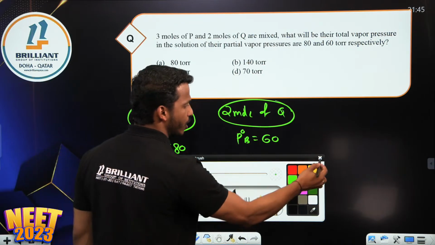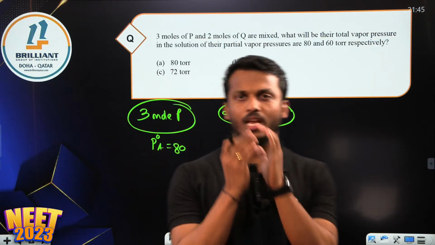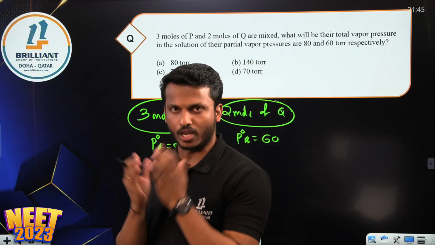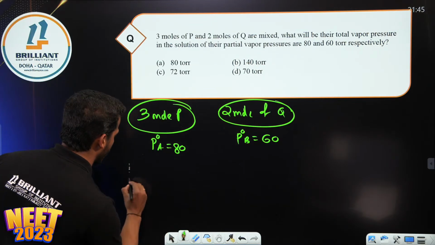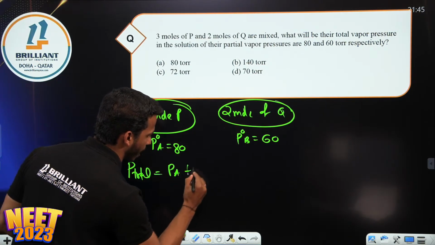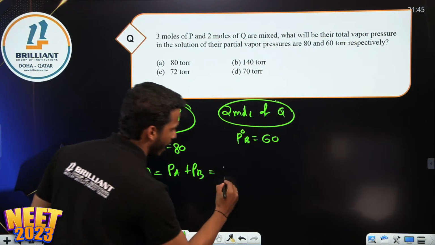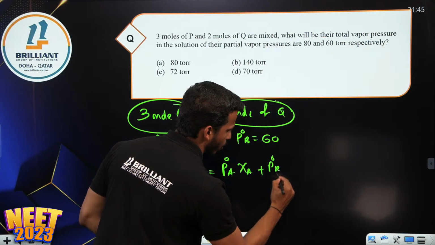Dear all, we have an equation for calculating when you add two volatile liquids. According to Raoult's law, we can calculate their total pressure. P total is equal to PA plus PB, that is P naught A into chi A plus P naught B into chi B.